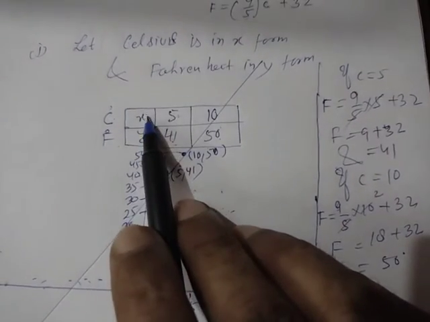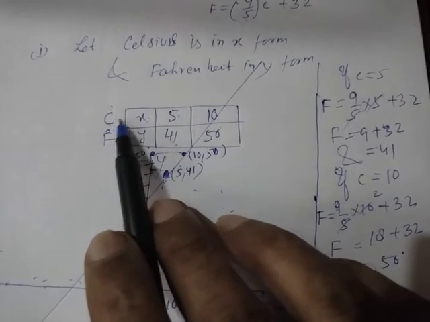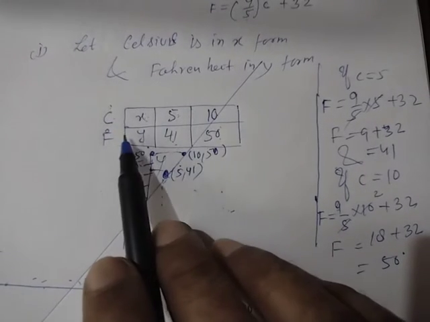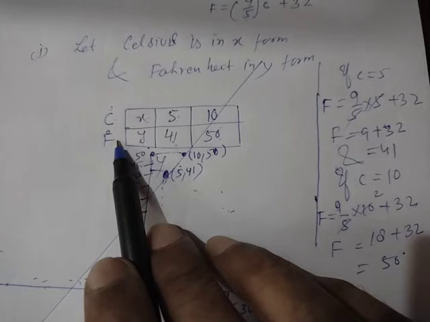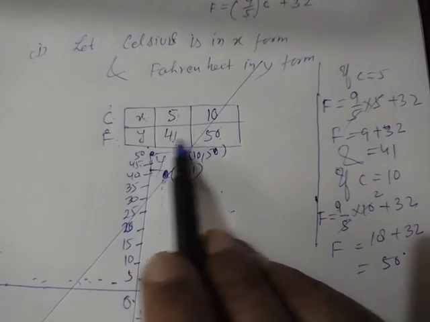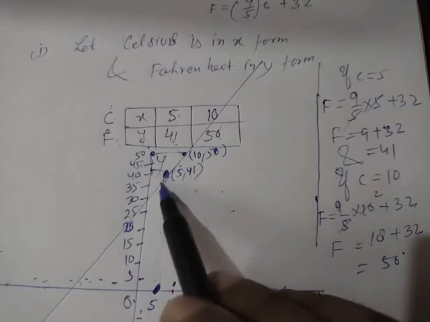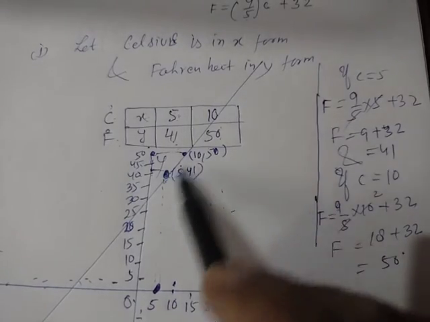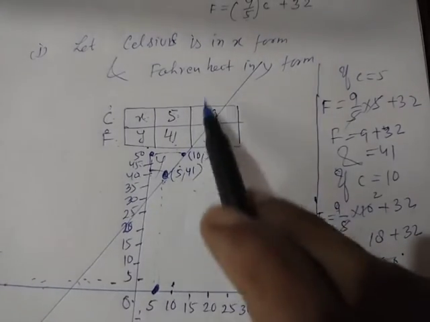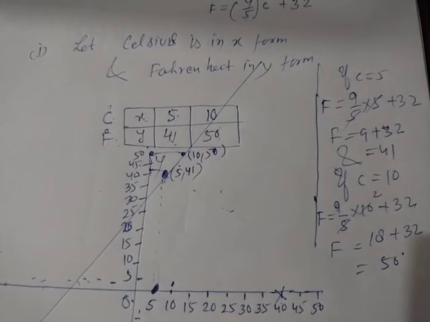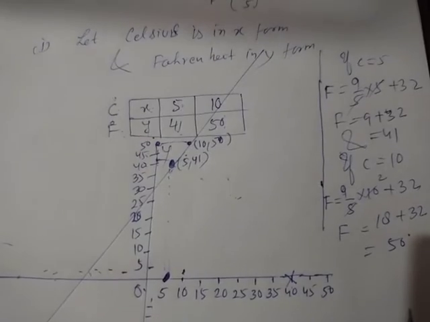Putting x, the Celsius value, as 5 and 10, you get Fahrenheit values as y: 41 and 50. So you have shown it in the figure and drawn the graph of this linear equation. Okay student, the first part is complete.